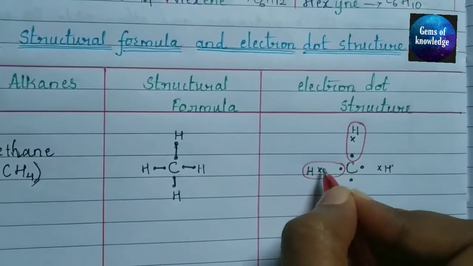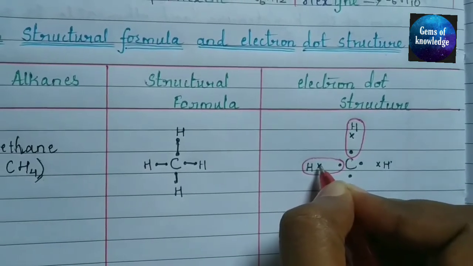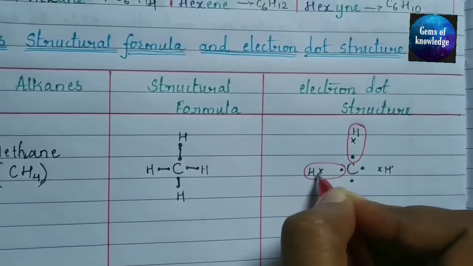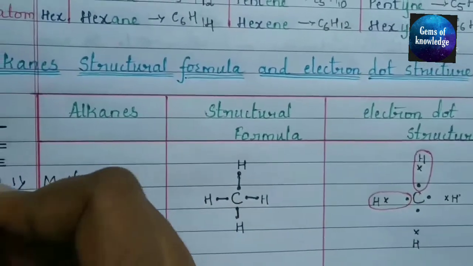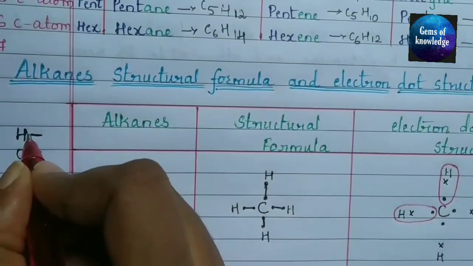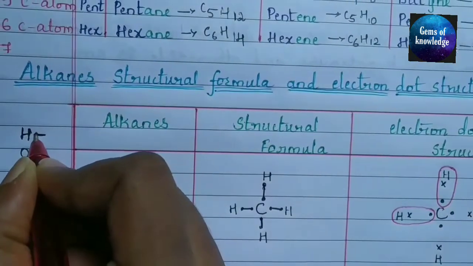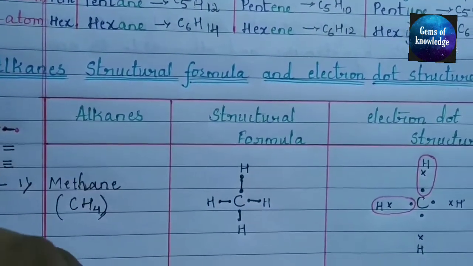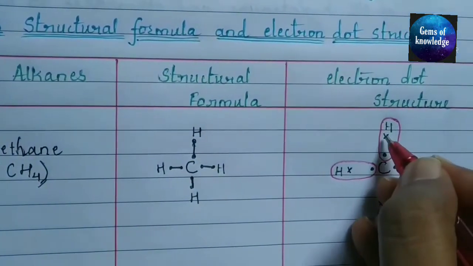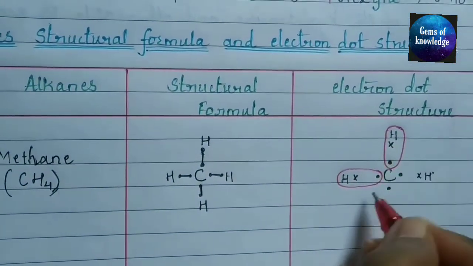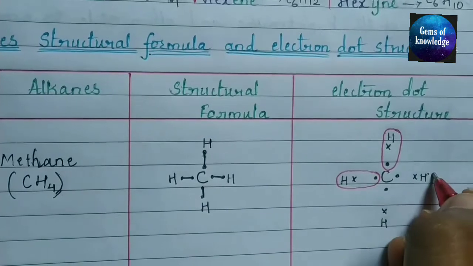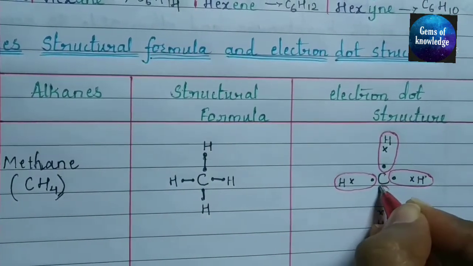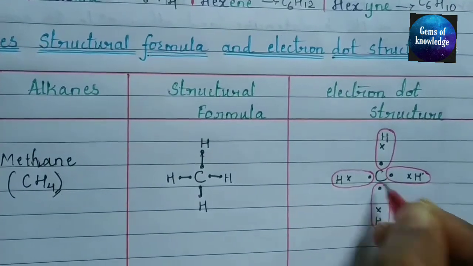One single bond is made by joining this X with this electron. As I told you, H contains 1 bond. It means it contains 1 electron here and 1 electron here. To make a bond, we need 2 electrons. Similarly, the hydrogen is taking these 2 electrons, here also these 2 electrons. Similarly, this will take 2 electrons and this will take 2 electrons.